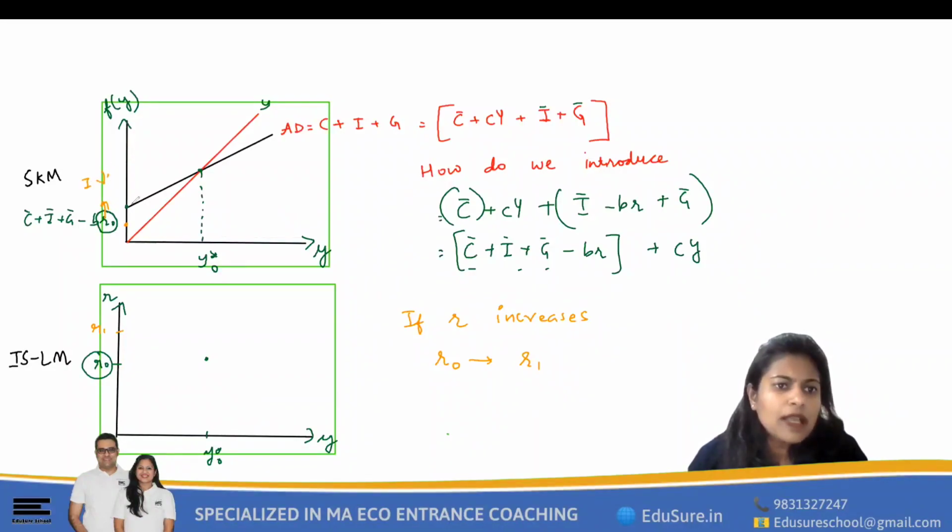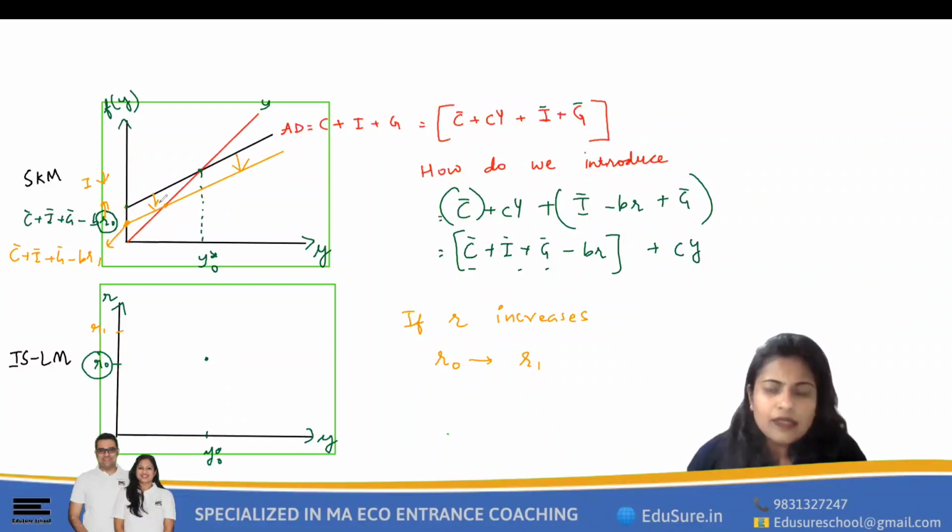Investment will fall, the intercept will come down, and the whole AD curve will shift down in a parallel shift because the intercept is now lower. This will be a new intercept: C bar plus I bar plus G bar minus B R1. So R1 gives a lower aggregate demand line.